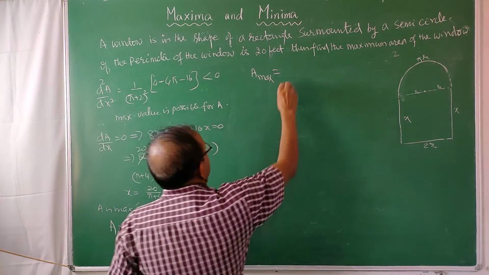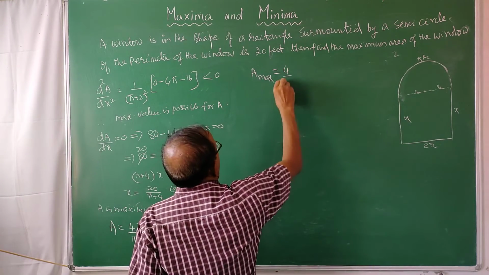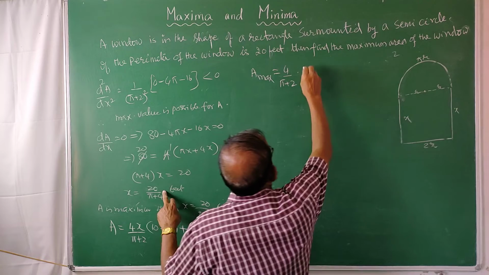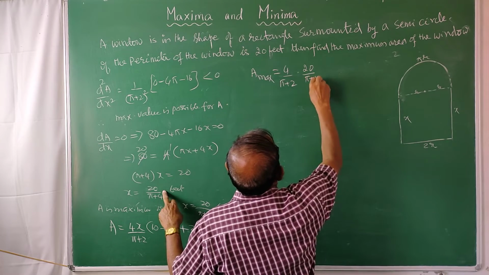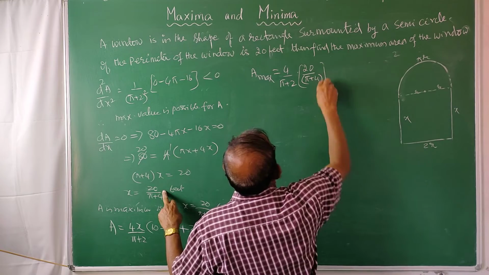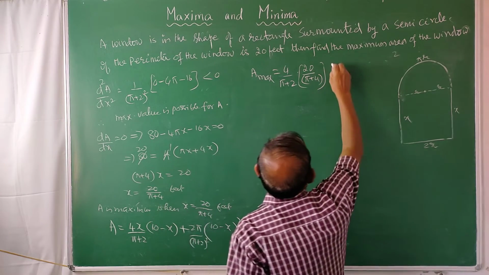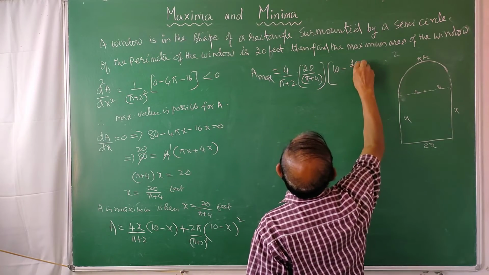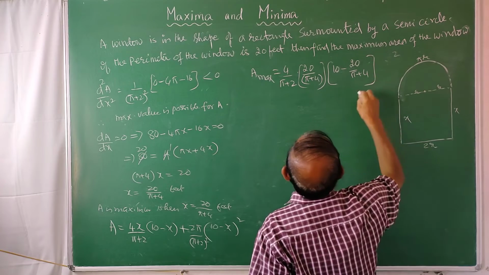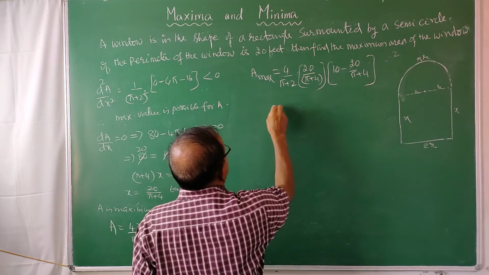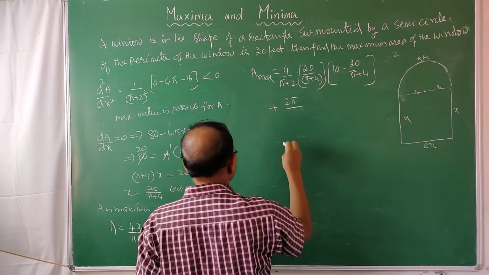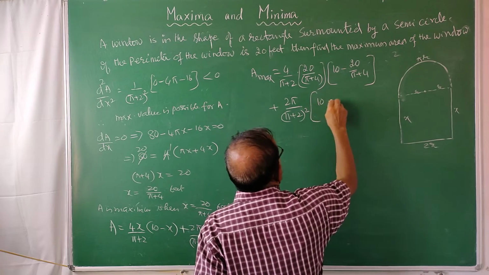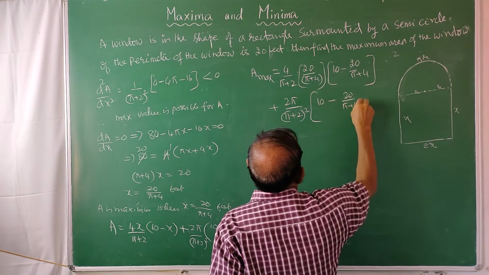So 4 by pi plus 2 into x, x is 20 by pi plus 4, into 10 minus x, x is 20 by pi plus 4, plus 2 pi by pi plus 2 whole square into 10 minus x whole square, 10 minus 20 by pi plus 4 whole square.